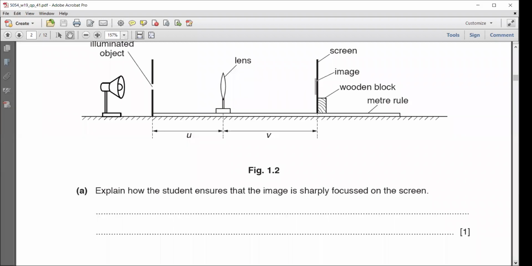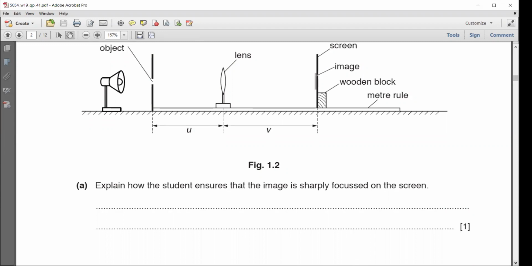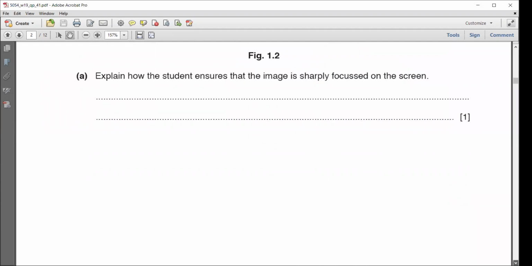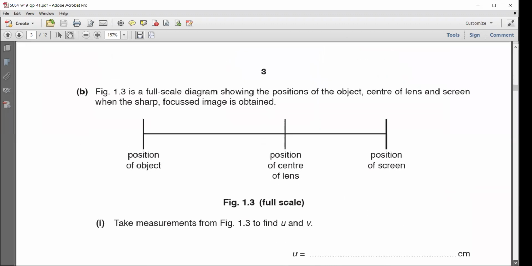You will never get the clear image. That's why it's a better idea to move the screen to get the clear image. So it's clear to you now? Yes, sir. Okay, then let us try the next one.